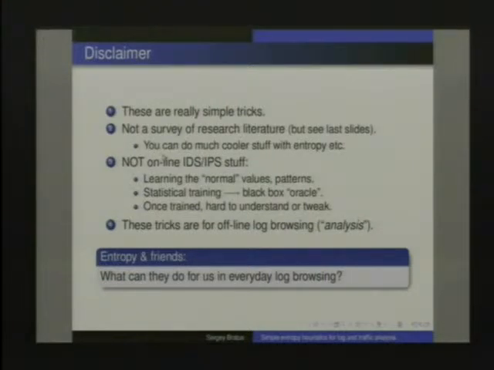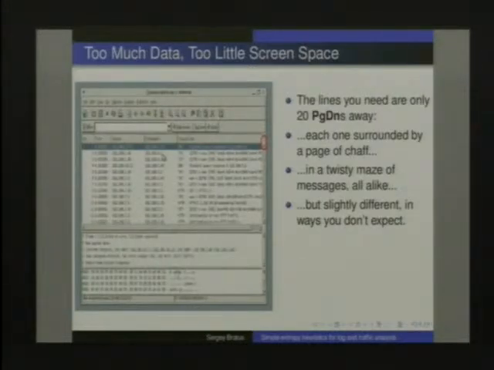Entropy and friends. What can they do for everyday log browsing? I mean, log browsing is a chore, right? Packet trace browsing is a chore. So you look at this: the lines that you need, the packets that you need, are there somewhere, except they are maybe 20 screens down, each surrounded by a page of what you don't want to see. And what do you do with this, right?